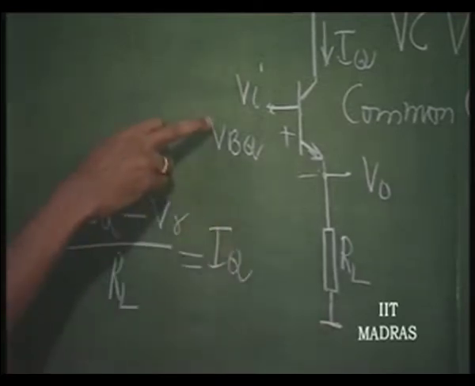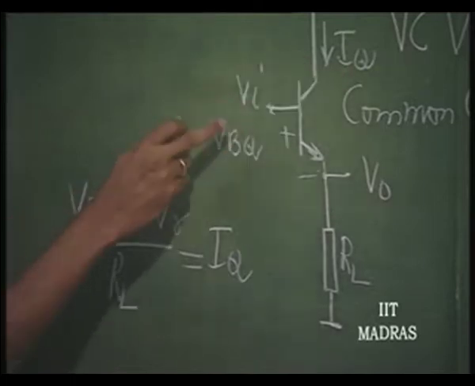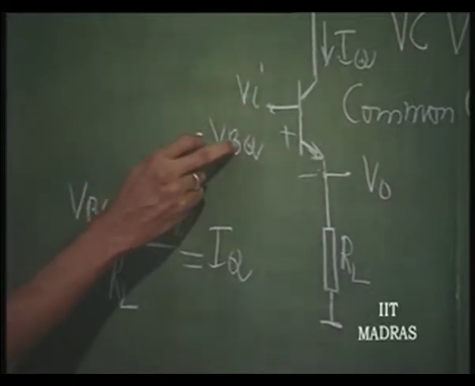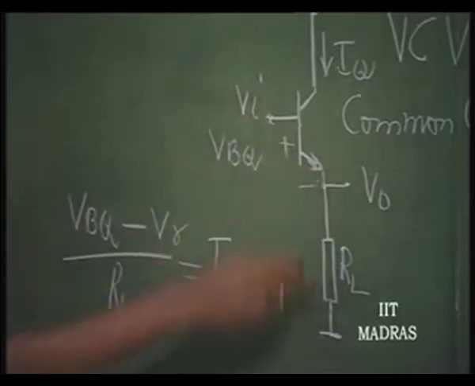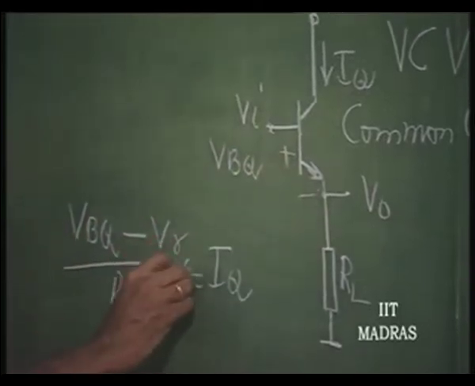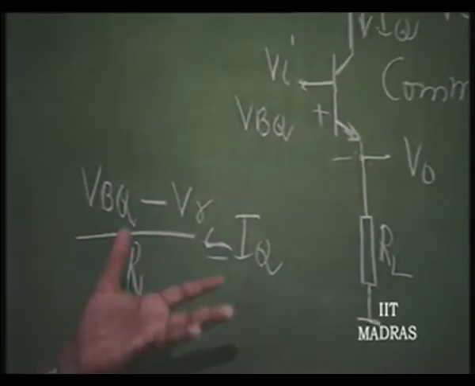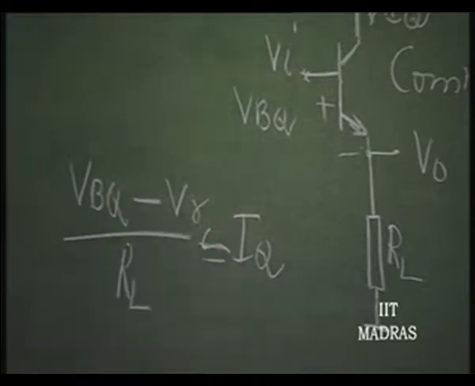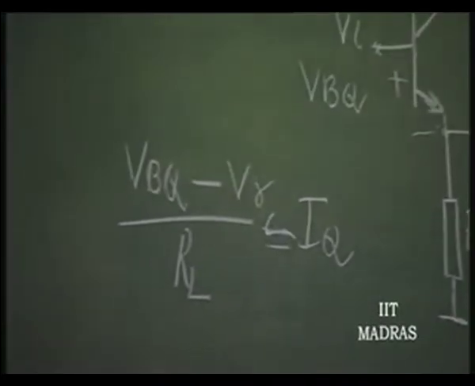Please understand this, this is the DC voltage. In order to make this work at I quiescent, I have to apply this much DC voltage V B quiescent minus V gamma divided by R L will be very nearly equal to I quiescent. There is no point in considering alpha etc. in this case, because alpha will be considered as unity. So, this is the quiescent current in this.